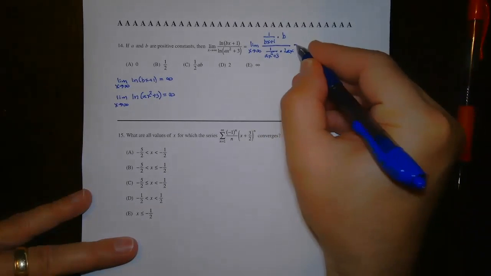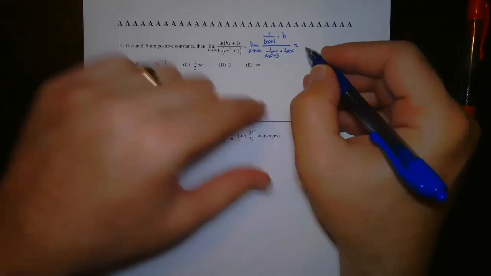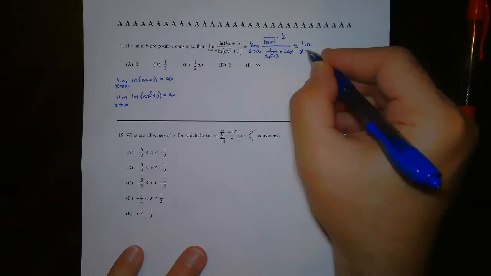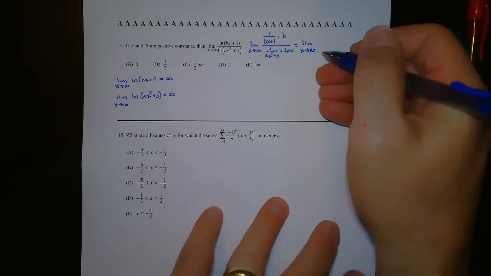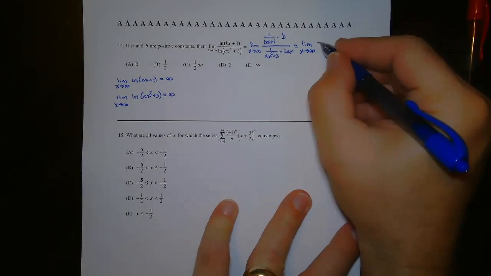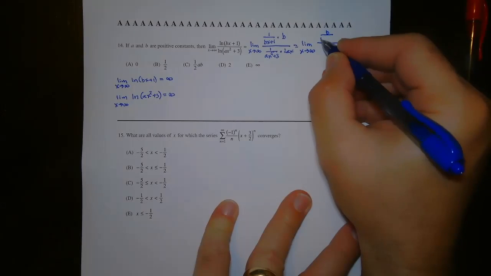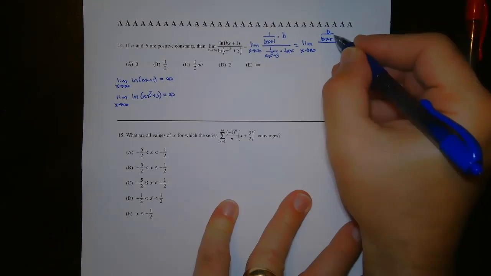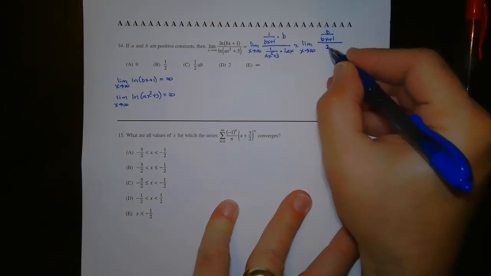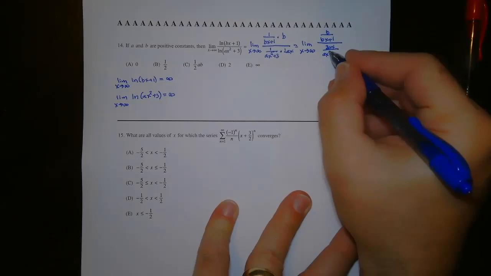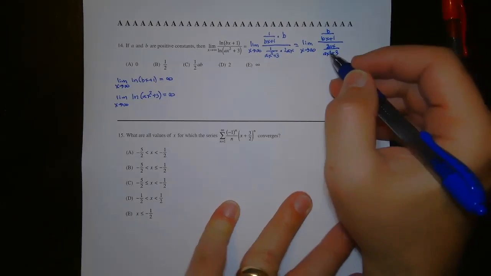Okay, so I'm going to clean this up a little bit. This would be the limit as x approaches infinity of my main fraction bar, and this would be b over bx plus 1. And this one would be 2ax over ax squared plus 3, okay?